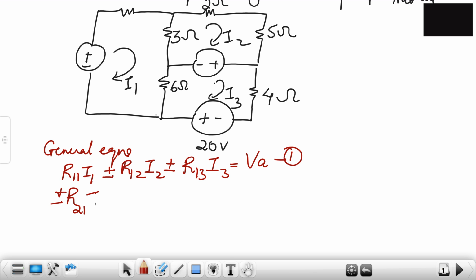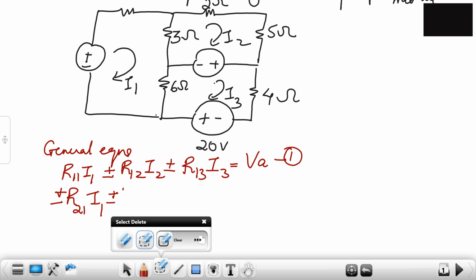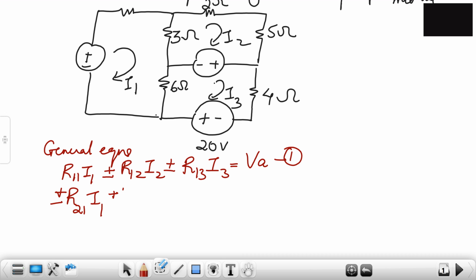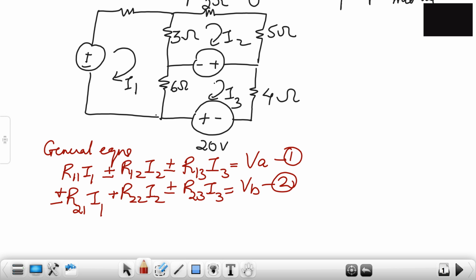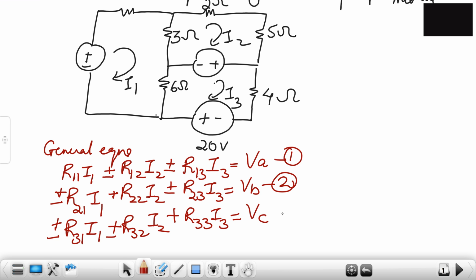Plus or minus R21 I1, sorry, not plus or minus, just plus R22 I2 plus or minus R23 I3 is equal to VB. The last is R31 I1 plus or minus R32 I2 plus R33 I3 is equal to VC.